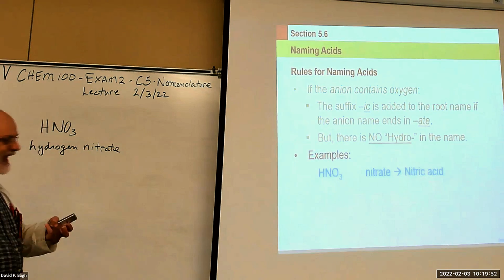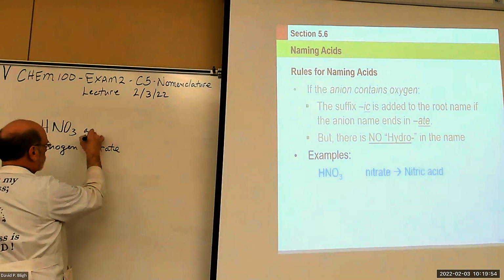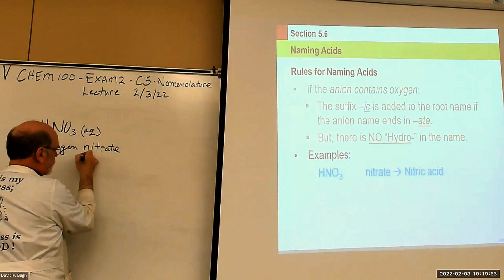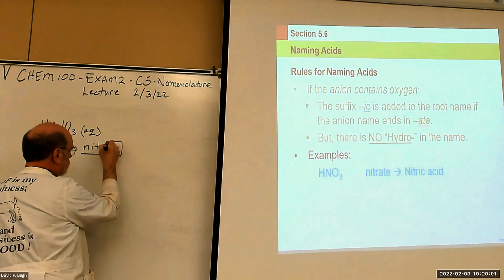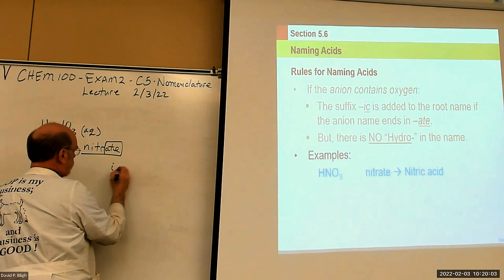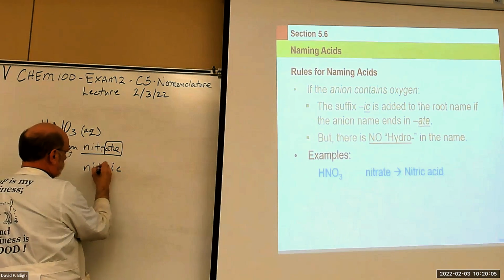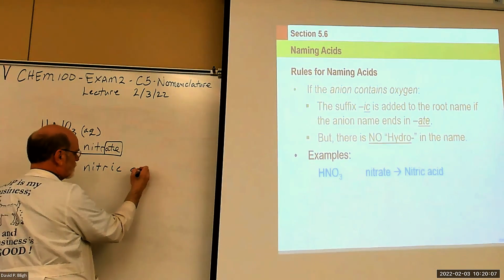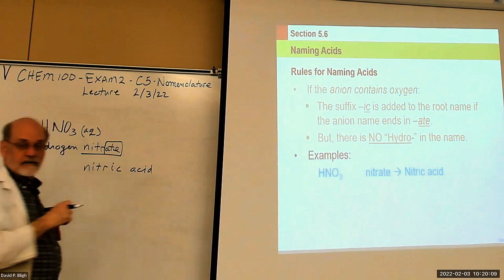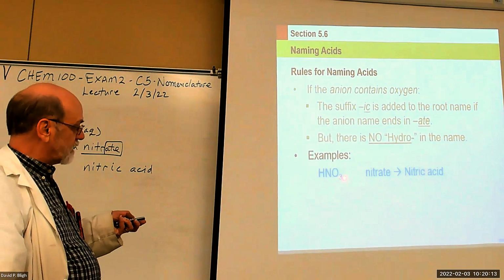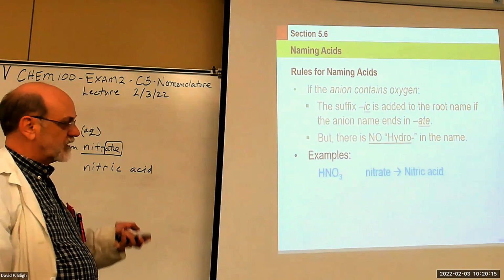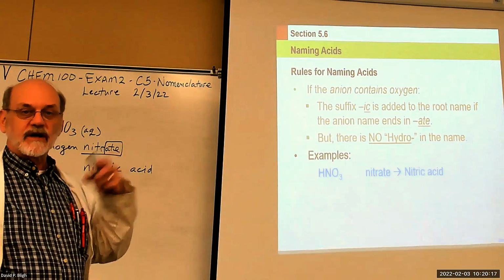But to name it as an acid, we would take this part, and the ate is converted to ic. Nitric acid. That's it. You just take this part, which is nitrate, and say ate becomes ic.